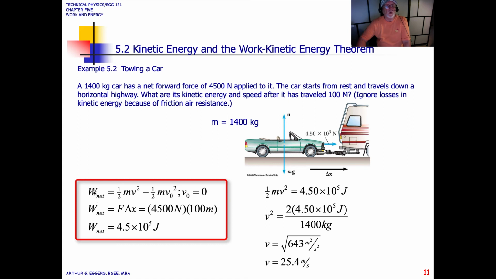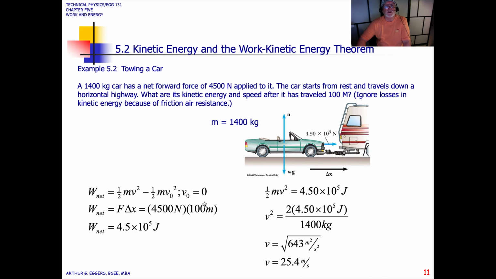So the work net is equal to 1/2 mv squared minus 1/2 mv initial squared, and we are going to assume, since it said it started at rest, that v initial is in fact equal to 0. So everything on that side goes to 0. So the net work then is equal to force times distance. So 4,500 newtons of force, distance 100 meters. We have a net work being done by the car of 4.5 times 10 to the 5th joules.